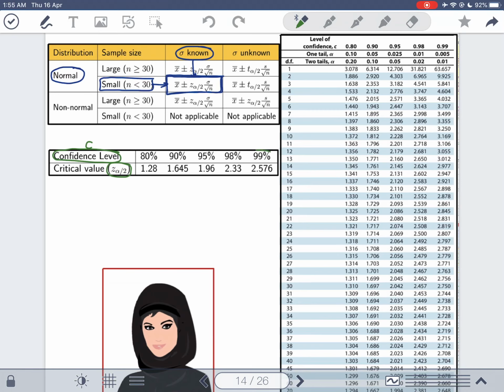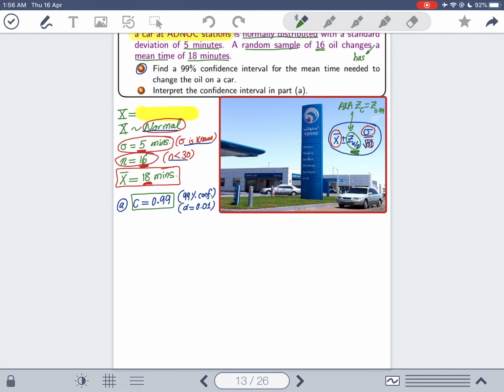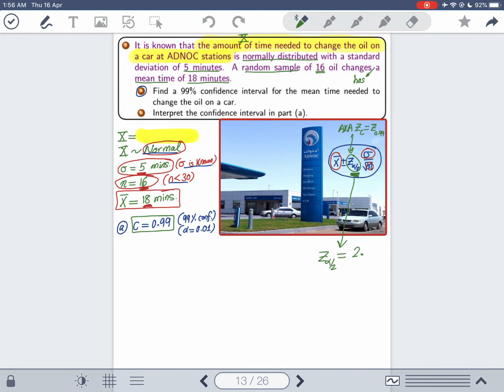So 99% confidence has z sub alpha over 2, or z sub c, equal to 2.576. Great, so you are done.